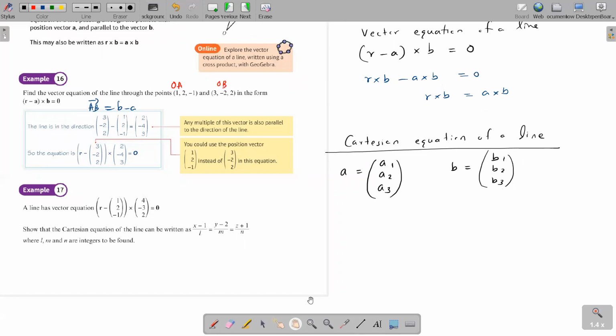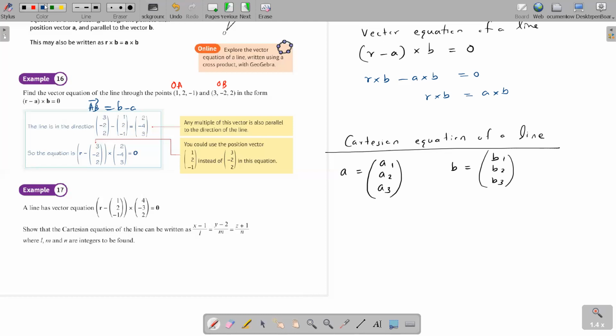When you hear the word Cartesian, what do you expect to see? We are going to work with x, y, right? In this case, because it's three dimensions, you will be working with x, y, and z.